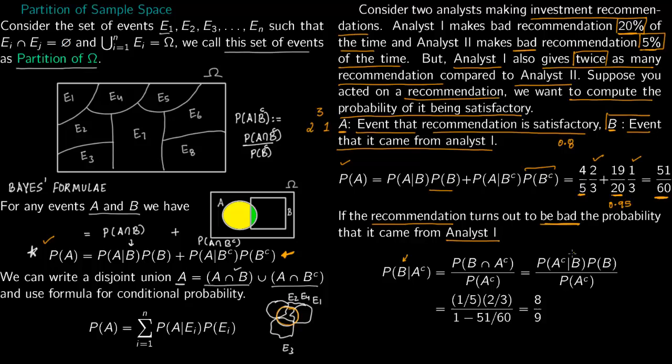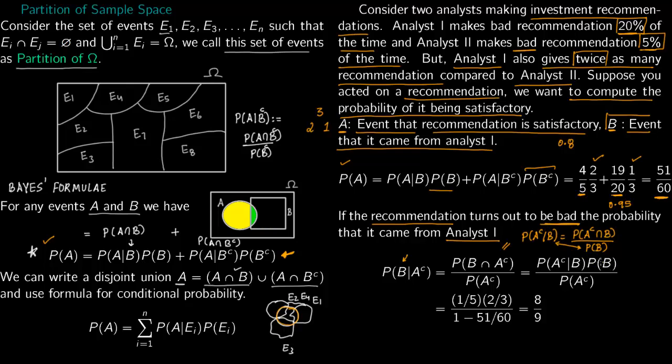So probability of B intersection A complement would be probability of A complement given B times probability of B. This comes from the fact that probability of A complement given B is probability of A complement intersection B divided by probability of B. So instead of probability of A complement intersection B, you could write probability of B intersection A complement, and then you multiply these two.